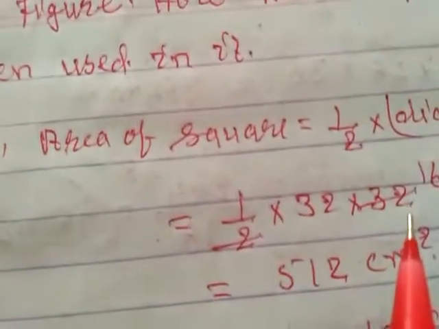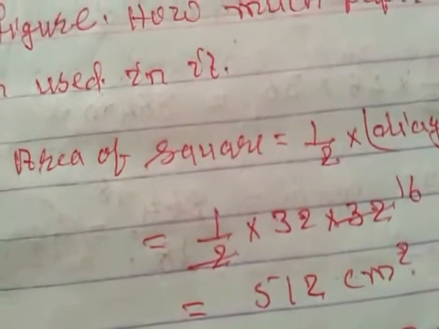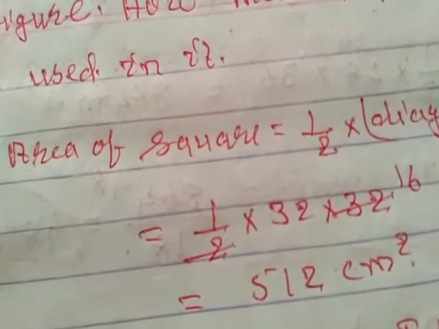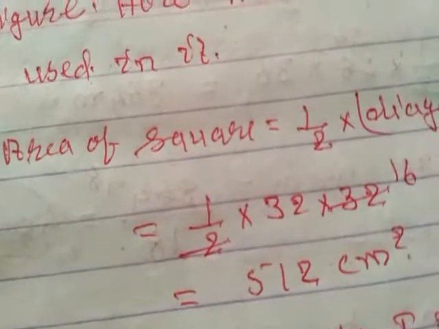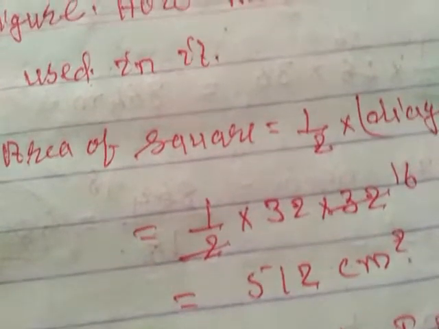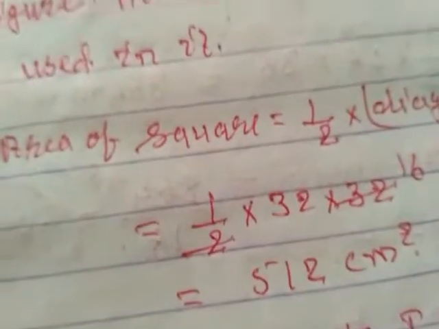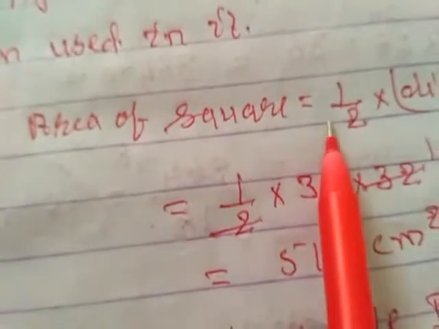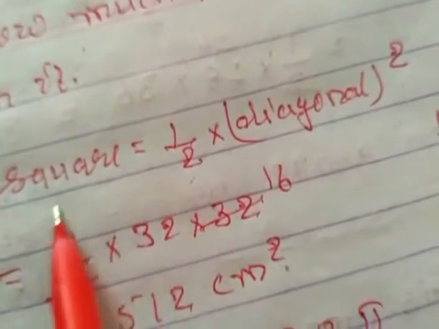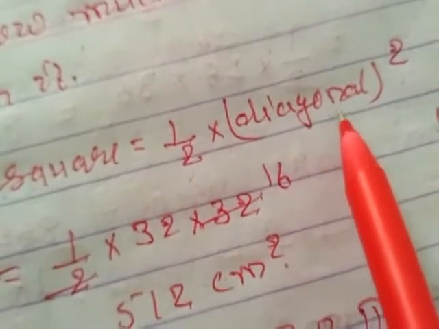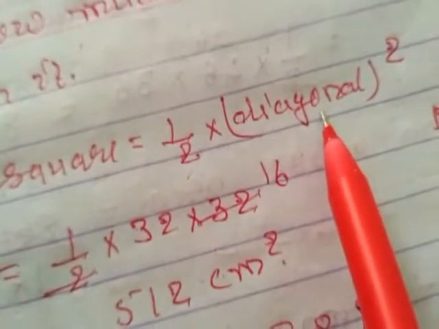So first of all, we are going to calculate the area of the square. We know that the area of a square equals half into diagonal square. This is the formula for the area of a square whenever the diagonal is given, because a square has two diagonals and both diagonals are equal.